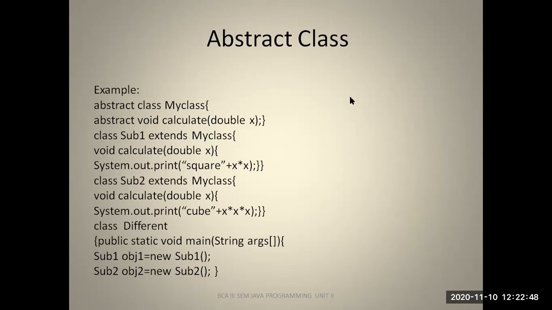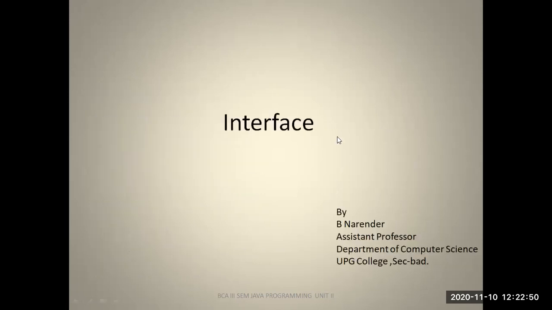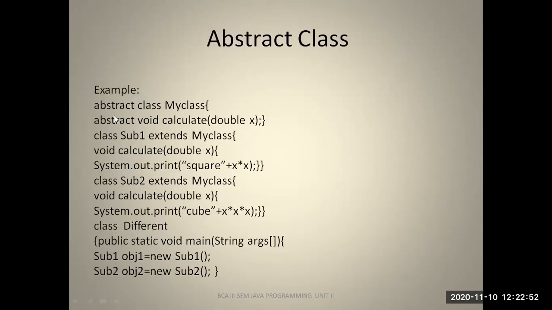Let us see the example here. Abstract class MyClass, which contains the abstract void calculate method, is the superclass here. Class Subclass1 extends MyClass. In this class, we define the void calculate method to find the square.